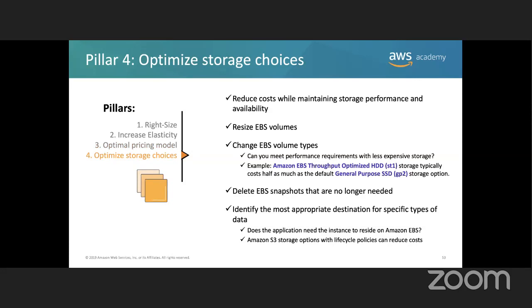For example, with EBS throughput optimized HDD, ST1, the storage typically costs half as much as the default general purpose SSD. That HDD is called cold storage. You use that type of storage when you don't have a lot of traffic, so it's less frequently accessed than general purpose. General purpose is SSD, solid state drive, that costs more. Whenever you go SSD, it costs more than HDD.